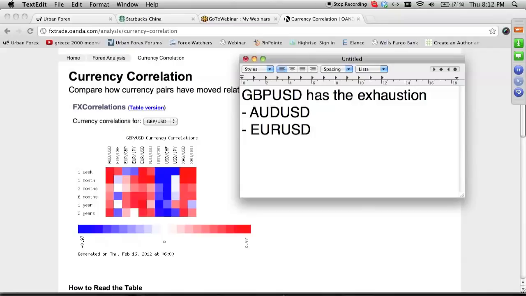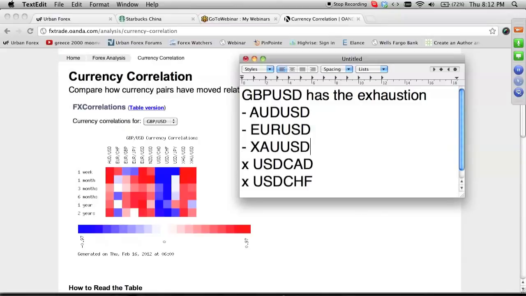Now for opposite, I'll put an X: US dollar CAD, US dollar Swiss franc, and in the last week US dollar Japanese yen. But let's skip Japanese yen because we've had whipsaws in the past also. Okay, but we do have gold that goes with it. If you like gold trading, gold is an option too. Okay, so these are the pairs that go with it.